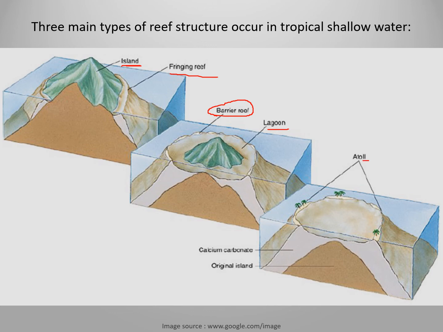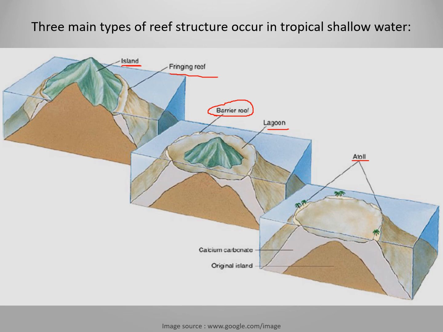Now, according to Darwin, these kinds of phenomena can be seen in a temporal manner in a volcanic island. When the volcanic island first occurs, at the fringing or peripheral part of the island there forms a fringing reef.